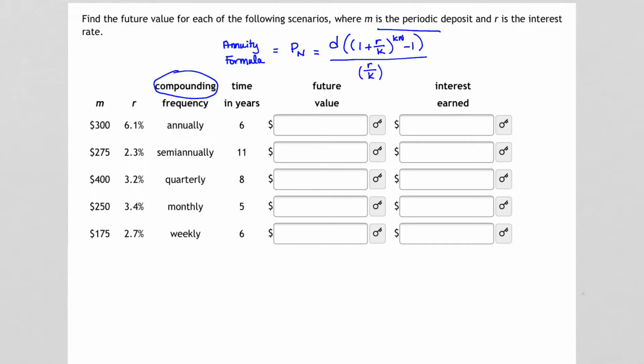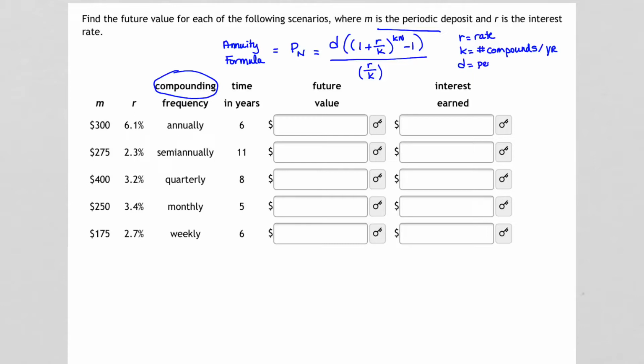And in this annuity formula, let's just identify all those letters. Remember, R is our interest rate. K is the number of compounds per year, the number of times we're compounding per year. D is our periodic, or scheduled, deposit.